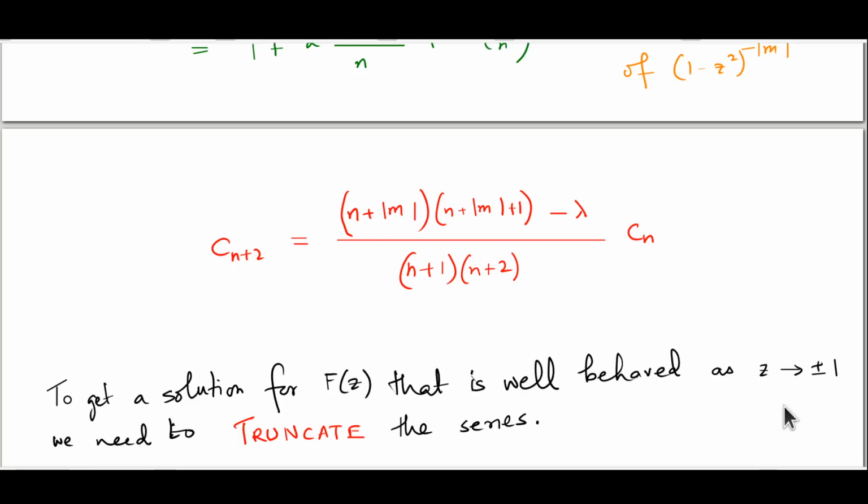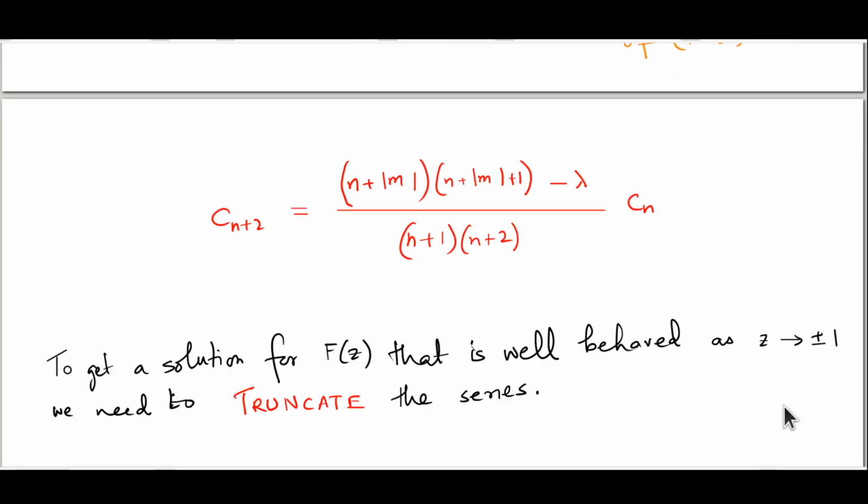But because one of the solutions is even and the other one is odd, if you try to make the divergences cancel at z equal to plus 1, they will only add up at z equal to minus 1. So the only solution is to truncate one of the infinite series, and for the other series, which then would definitely have diverged, set the coefficient to 0. So truncation is the way ahead.